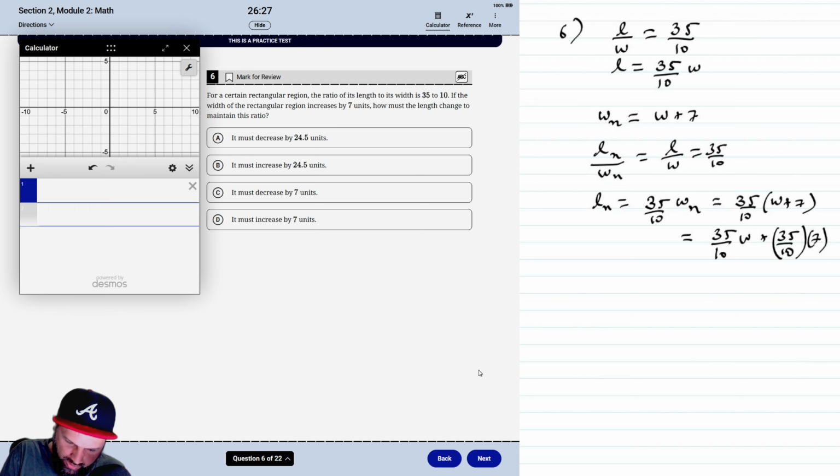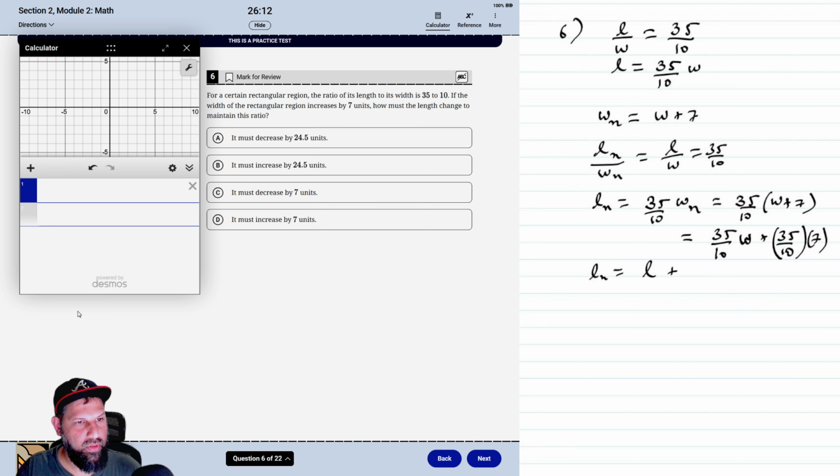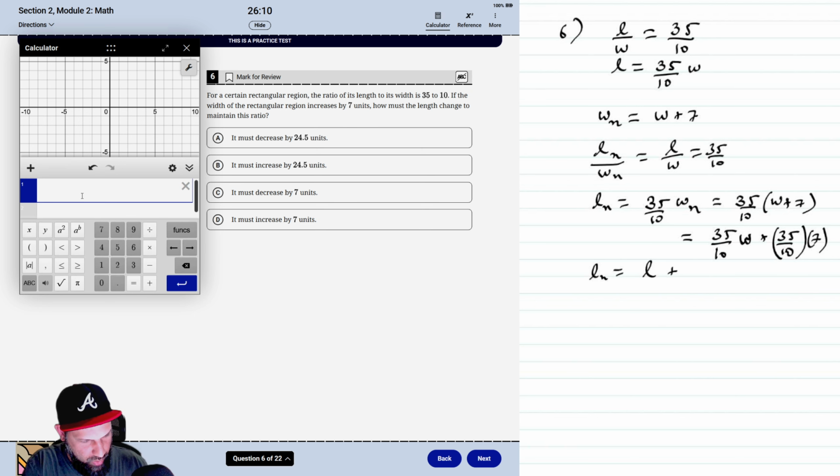Okay, now what was 35 over 10 W? That was the original length. So Ln becomes L plus 35 over 10 times 7. So let's calculate that. 35 over 10 times 7 is 24.5.